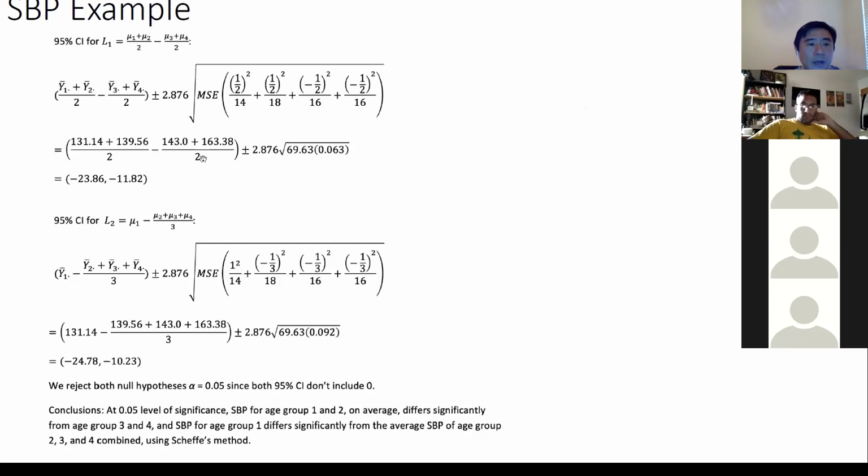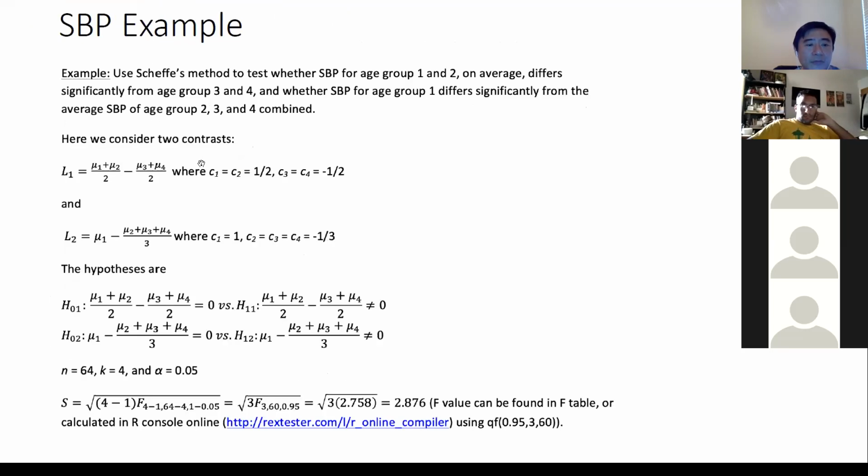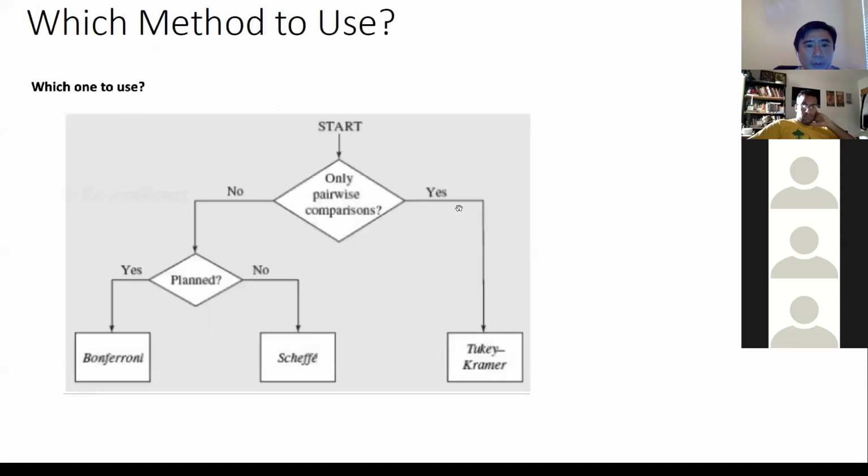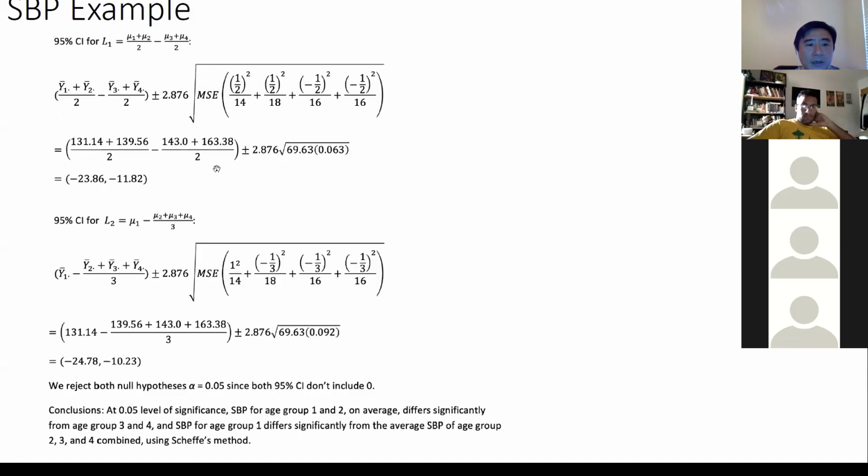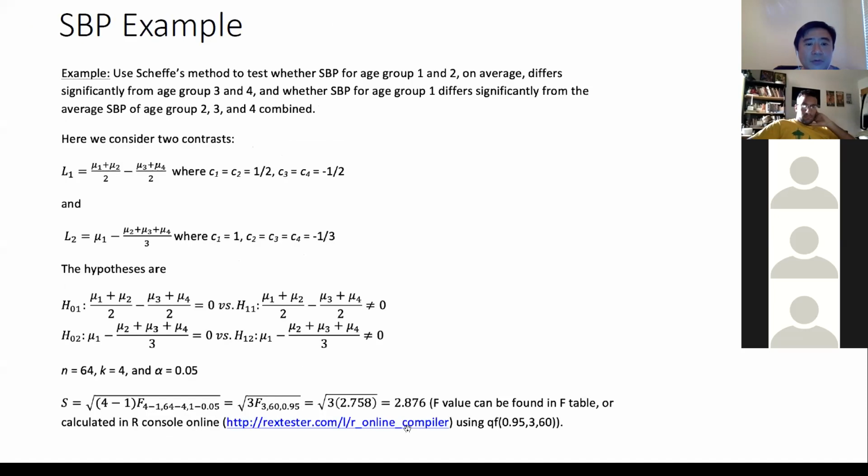It really depends on your hypothesis. So if you have multiple hypotheses and you do them together, it will give you the 95% interval for each of the hypotheses. Like in this example, we have 2 hypotheses. One is to see if the average of group 1 and group 2 is equal to the average of group 2 and 3. The other is to see if the group mean of the first age group is equal to the average of the other 3 age groups. And for each one you will have a 95% confidence interval.